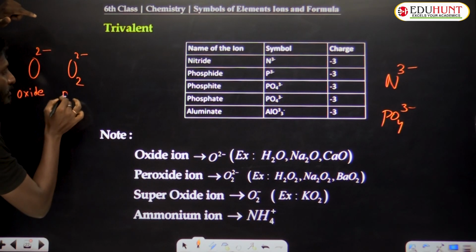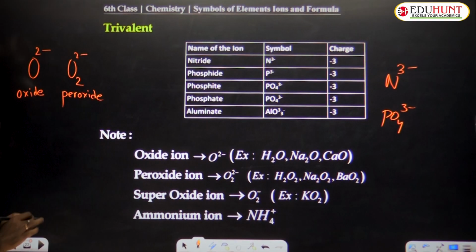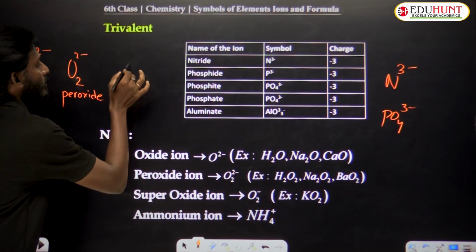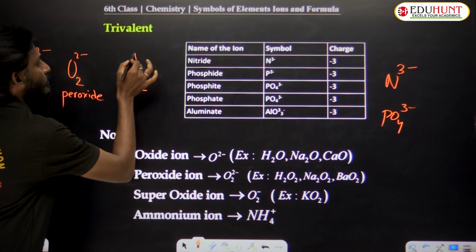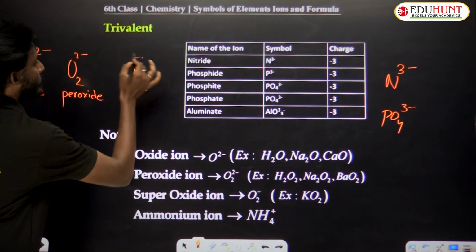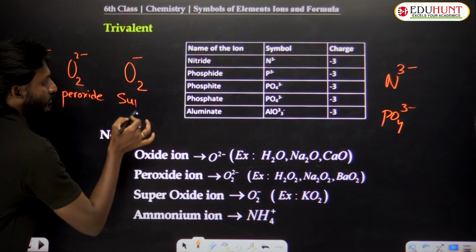This is a peroxide. It is very important, remember it. And sometimes there are 2 oxygens, but overall gained 1 electron. This is superoxide.